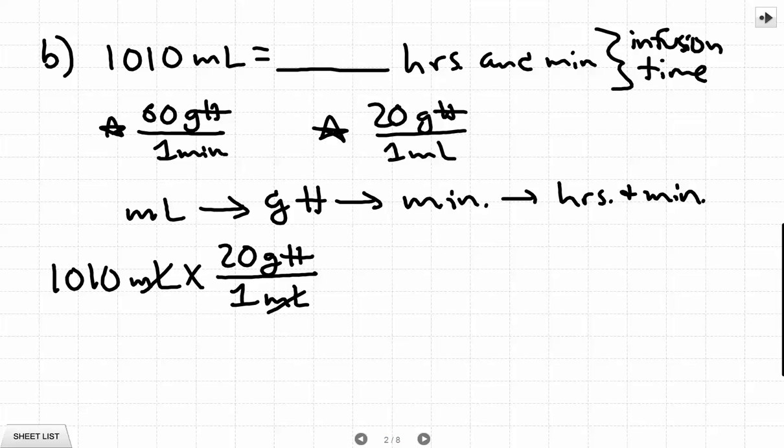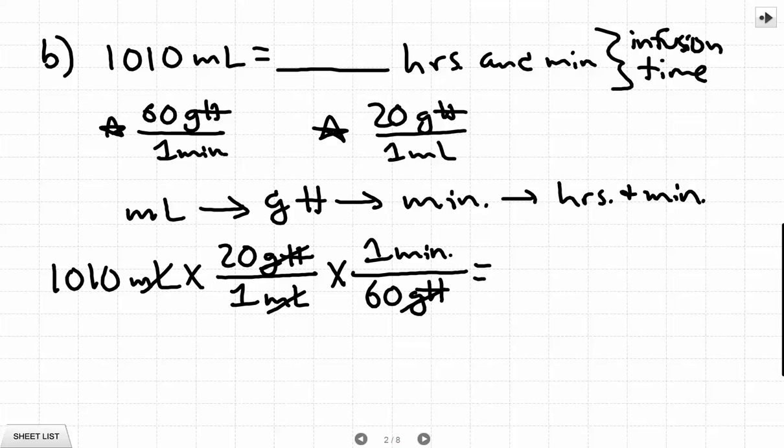But I don't want drops, I want minutes. So now, what I want to do is use the other piece of information that in 1 minute, there's a total of 60 drops, because that's how the observable drip rate was set.